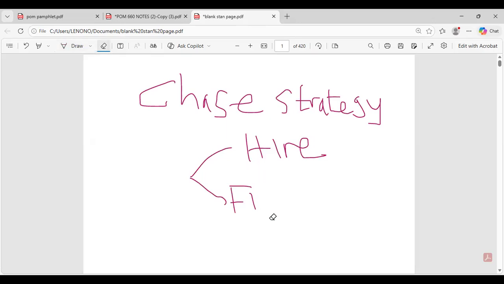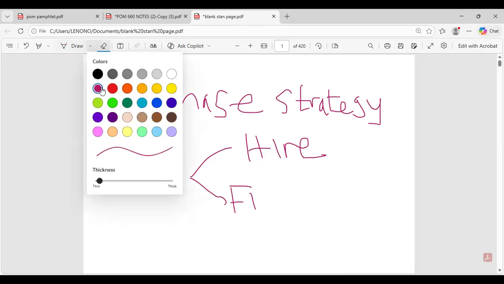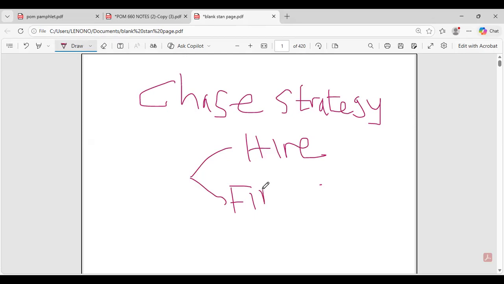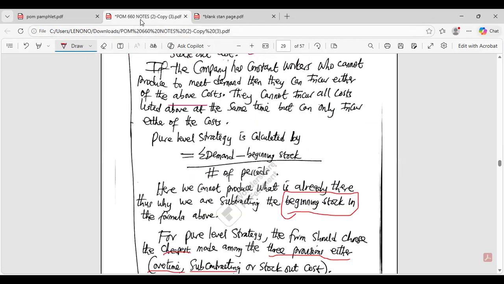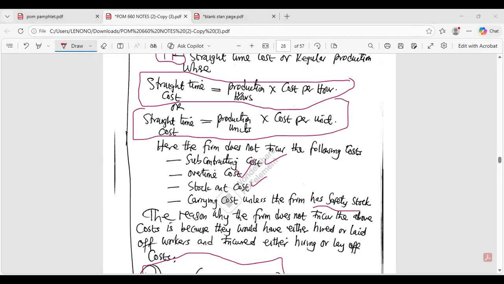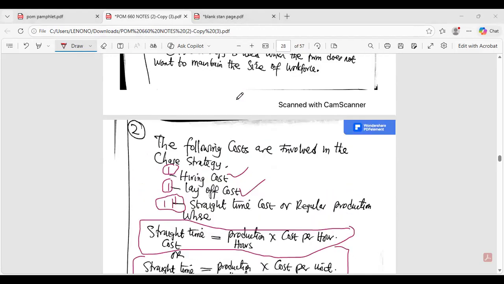And the costs that are involved here, like I mentioned, are the hiring cost, the layoff cost, and the straight time cost.